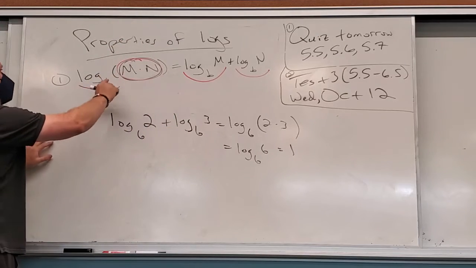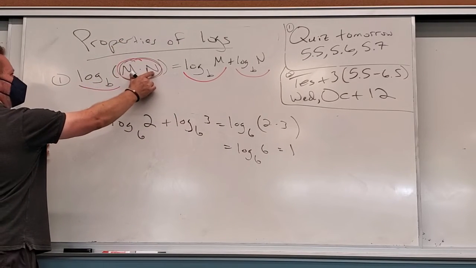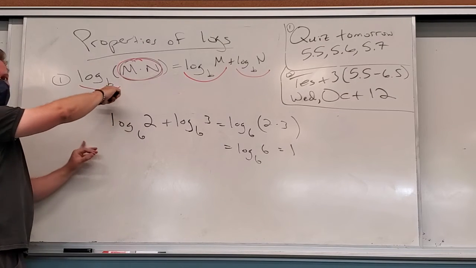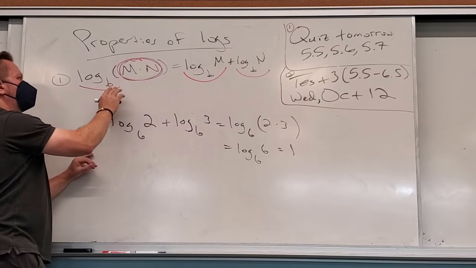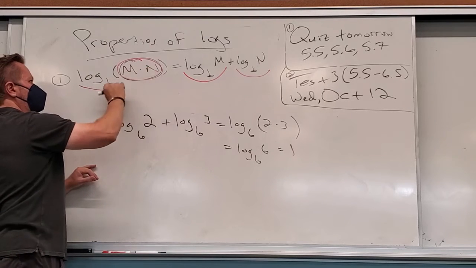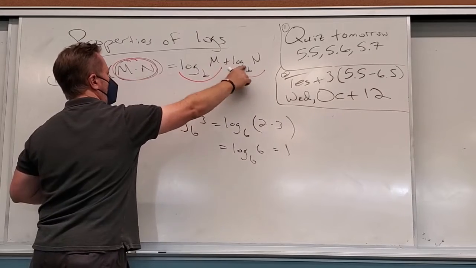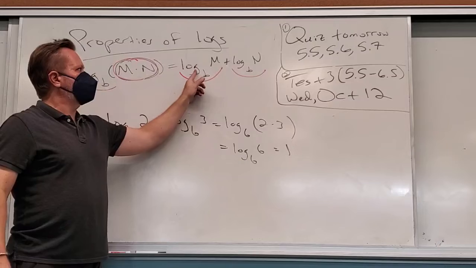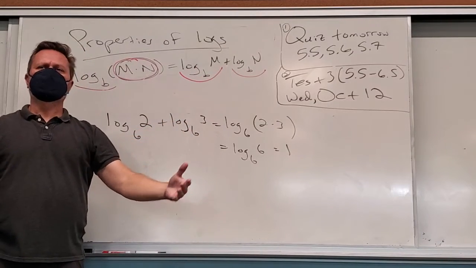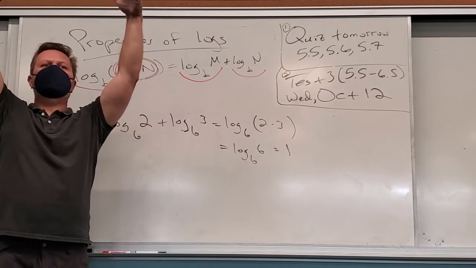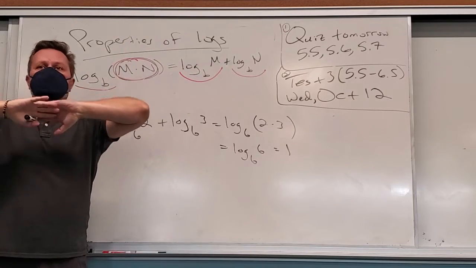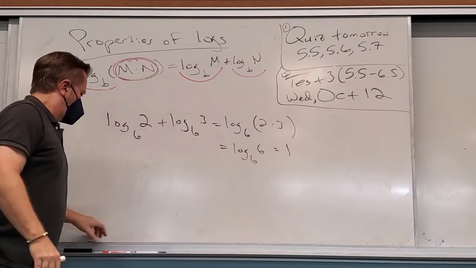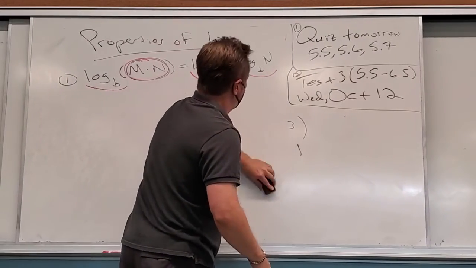So what do you do with the powers when you multiply two things with like bases? Don't they both have a base b? Don't I add the powers? When I multiply two things, I add the powers. So all the properties of logarithms are the same as the properties of powers, because logs are powers. So what do you think this is going to be?